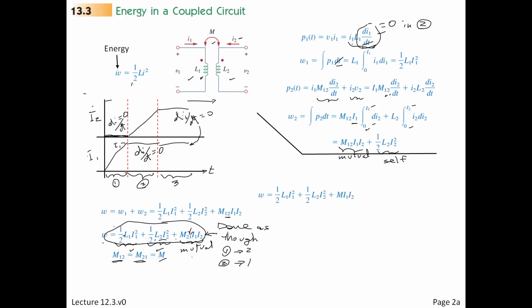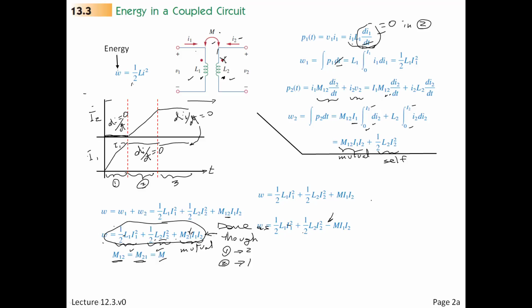But what if the dots, what if this one up here wasn't there and it was down here, right? What would that do for us? Well, we'd go through all the same analysis and we'd end up here with a negative sign, right? The mutual coupling would be different.